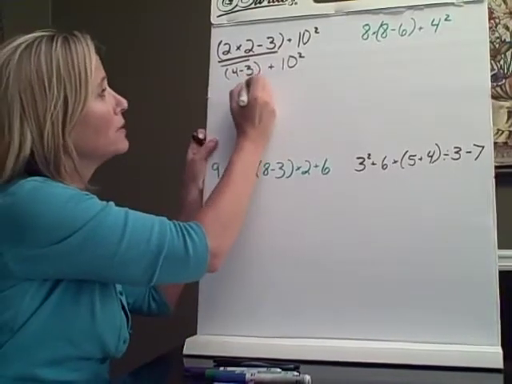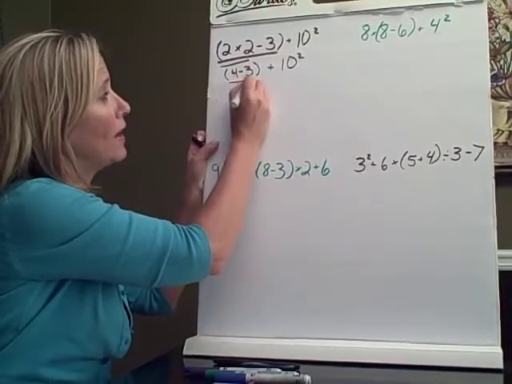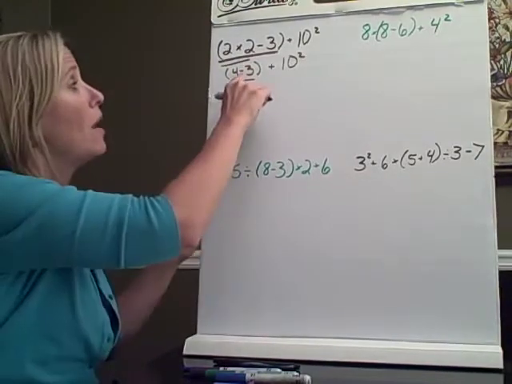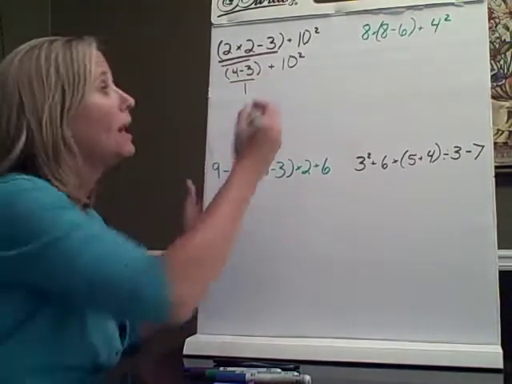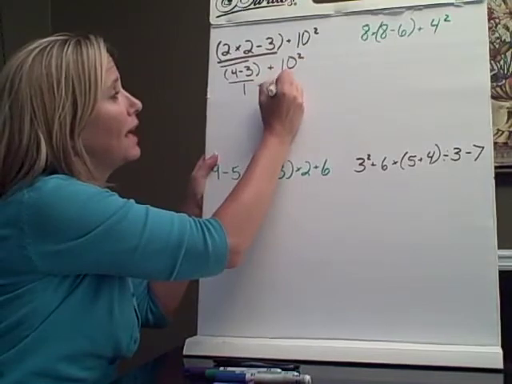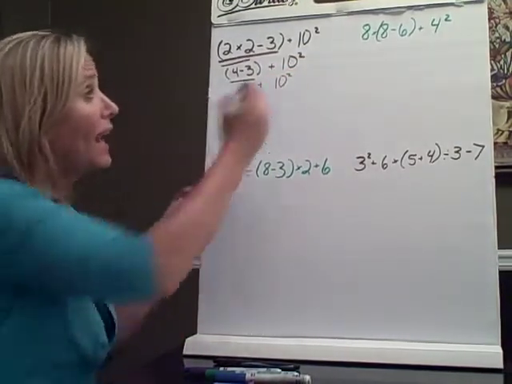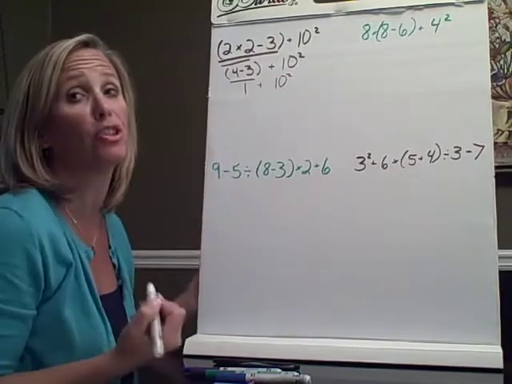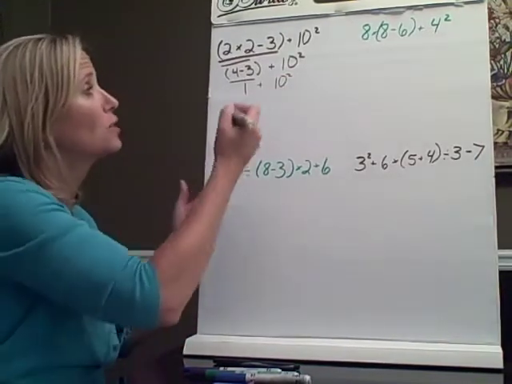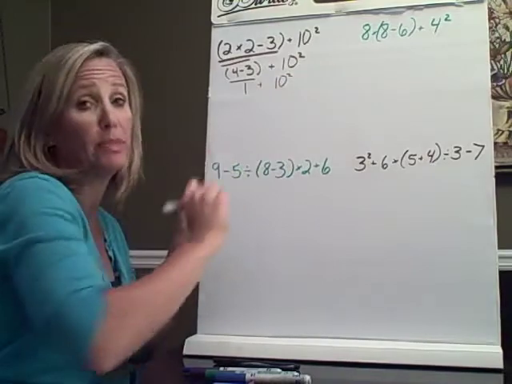4 minus 3 is 1. I have to do that first because it's in parentheses, and I'm underlining the operation I'm doing, plus 10 squared. Now, before I can add the 1 and 10, I have to do my second order of operation, which is my exponent. Well, 10 squared is the same as 10 times 10.